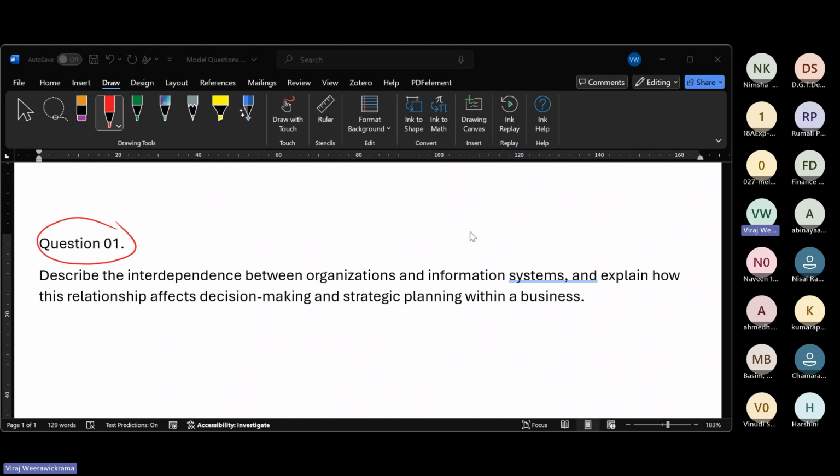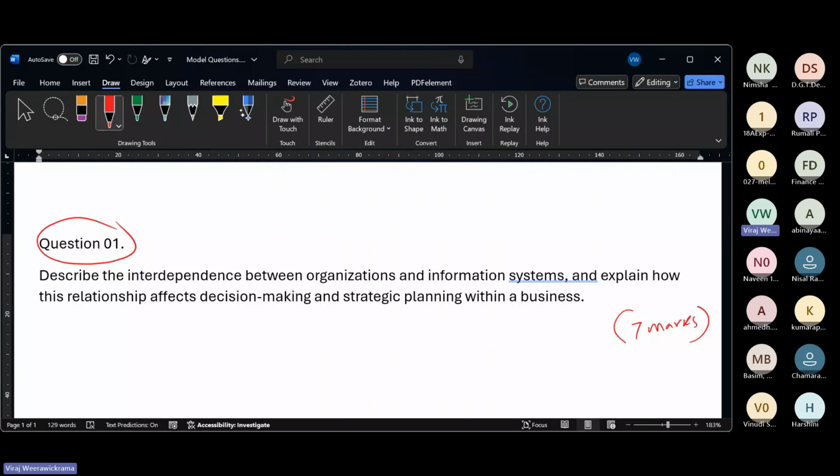Right. Time is enough. Now, what you have to understand is, let's say the marks allocated here is 7 marks. When it comes to this kind of question, listen very carefully, this is very important.